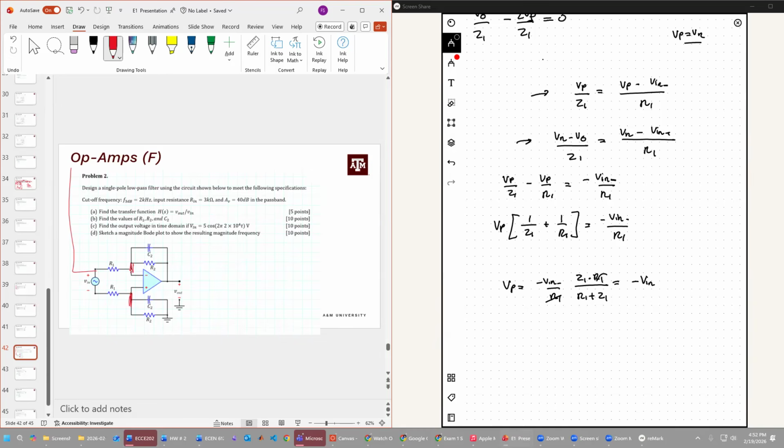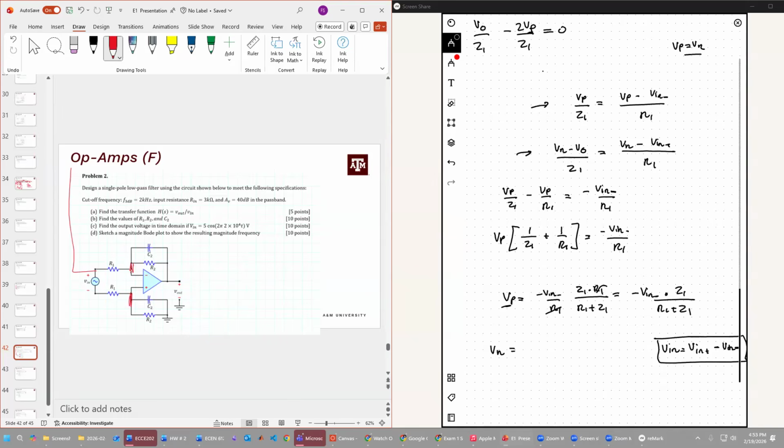So we're going to get minus Vn minus times Z1 divided by R1 plus Z1. That's VP. And now we just solve for Vn, and then we set them equal to each other. By the way, Vn is Vn plus minus Vn minus. By breaking it apart, it becomes a lot easier to solve.